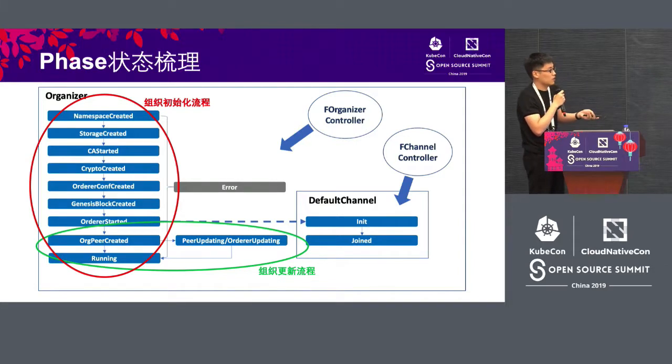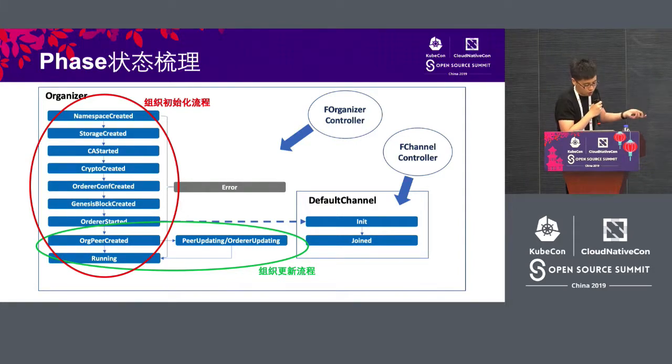And then next is about the process. First, there is an initial status. Users will submit some files, and then controllers will build the namespace, the storage, and initiate the peer and orderer run. After they start running, it will build some initial resources related to the system channels, and then mark the organizer as running status.